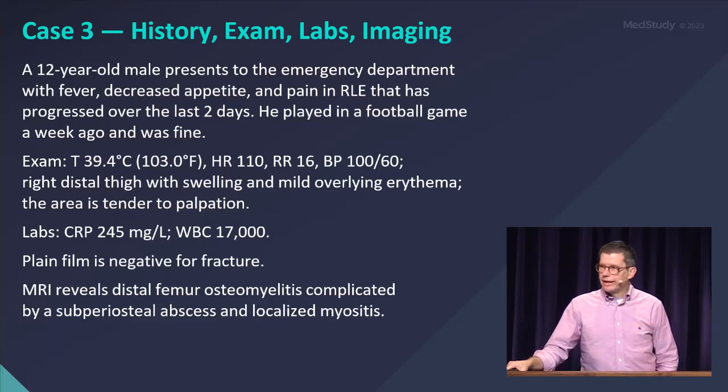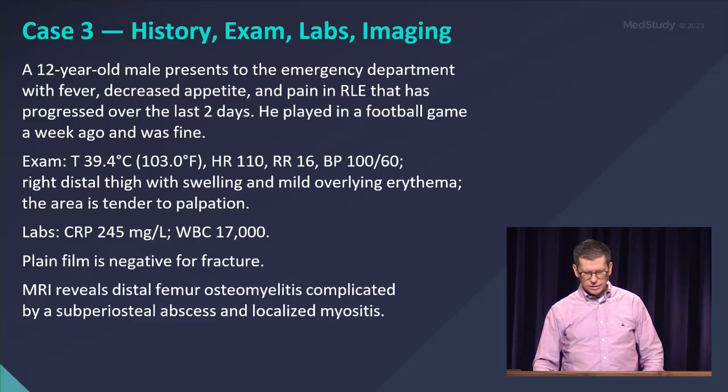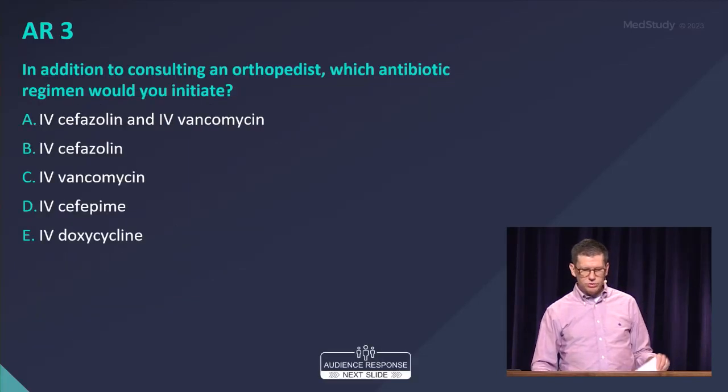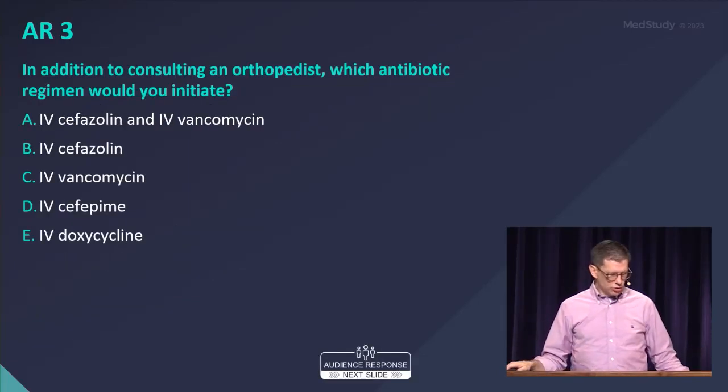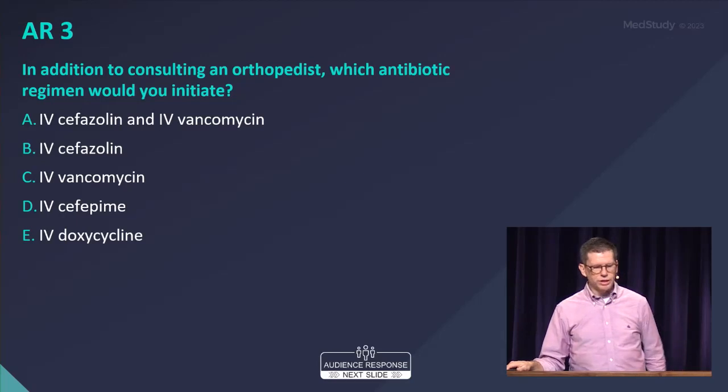The plain film is negative for a fracture, and an MRI reveals distal femur osteomyelitis complicated by subperiosteal abscess and localized myositis. In addition to consulting an orthopedist, which antibiotic regimen would you initiate?